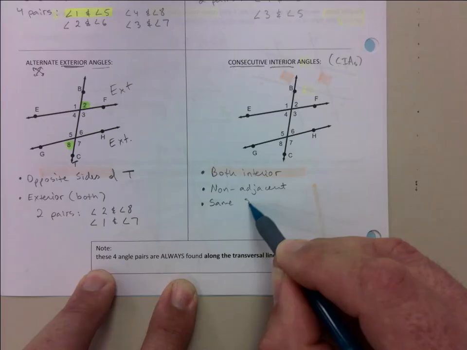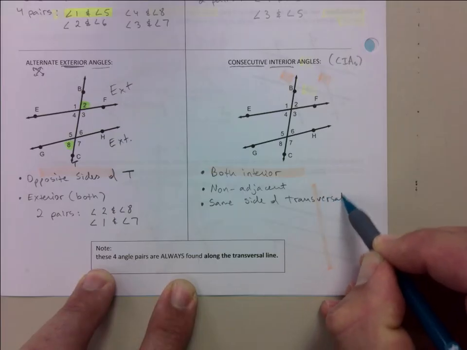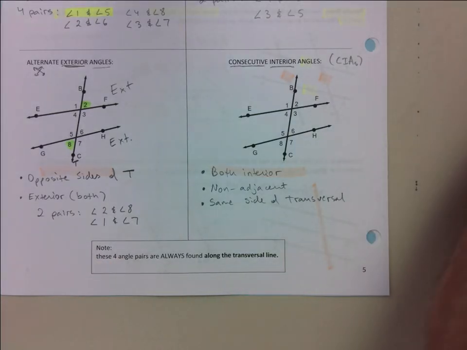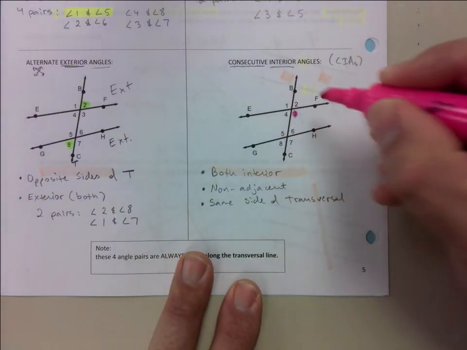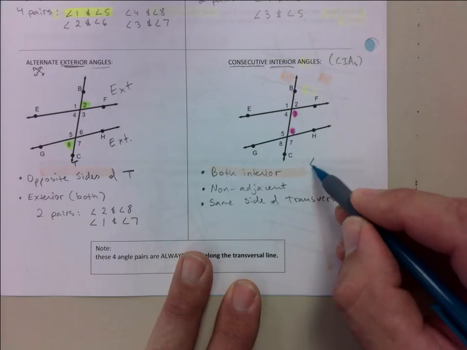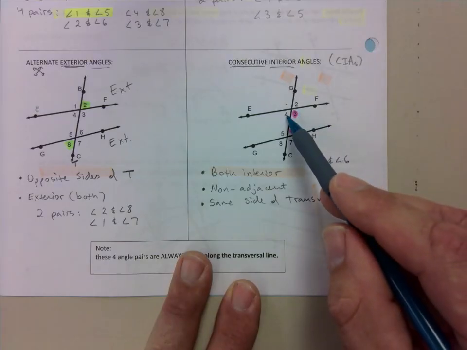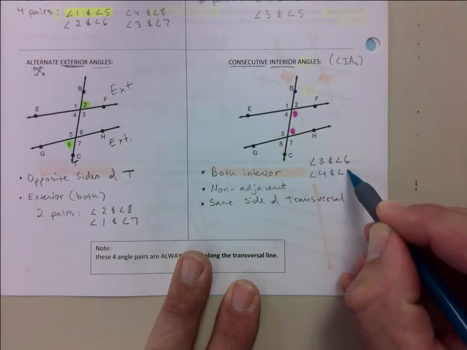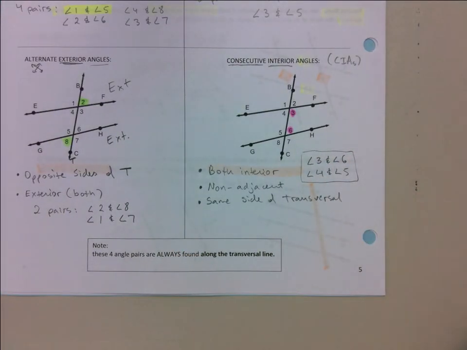Same side of transversal. They're on the same side of the transversal. I'm running out of colors. So one pair would be 3 and 6. So angles 3 and 6, as well as 4 and 5. Those are called consecutive interior, CIAs.